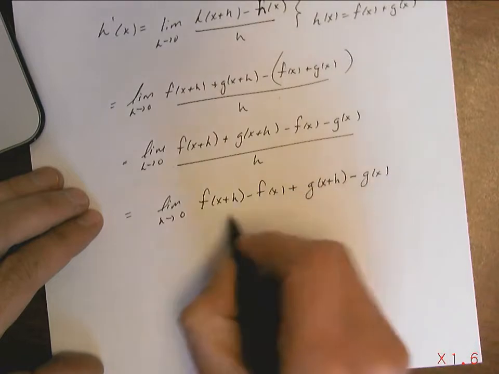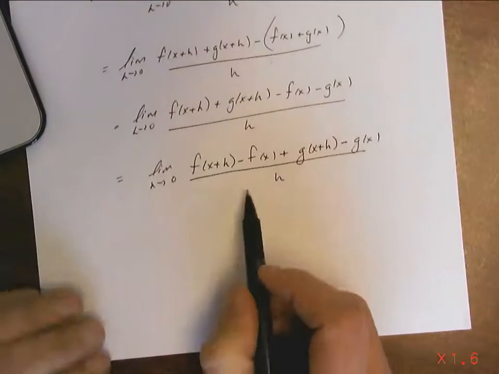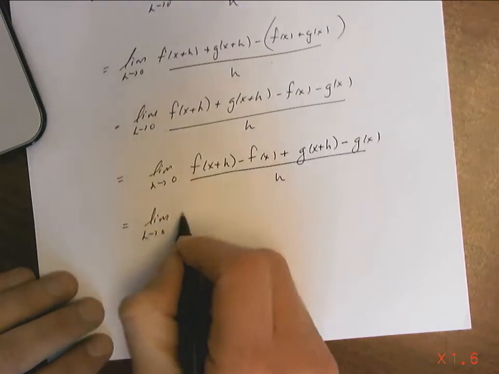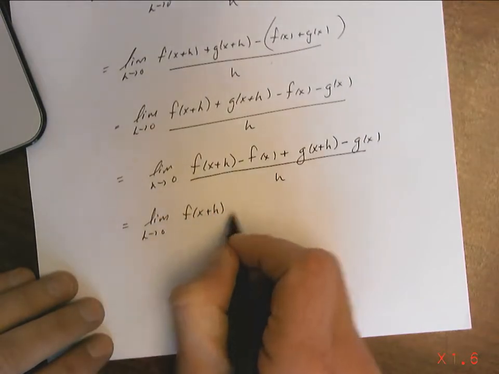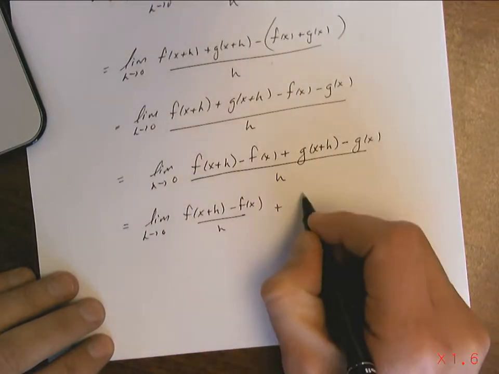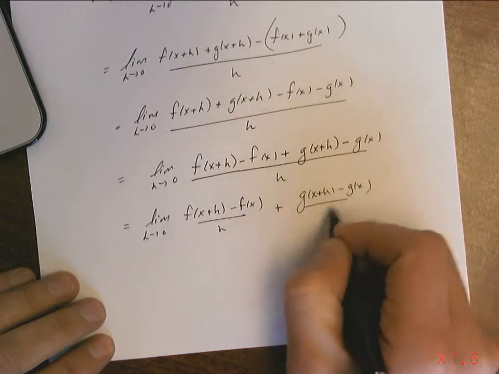There's a plus between that. It's all over h. Using what we know about fractions, we can change that to the limit as h approaches 0 of f of x plus h minus f of x all over h, plus g of x plus h minus g of x over h.